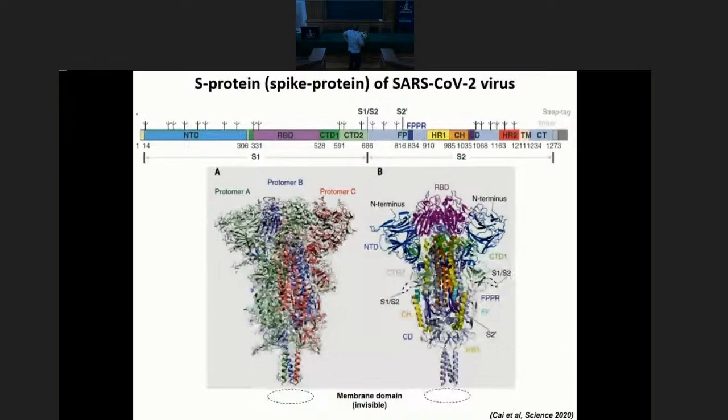Here is the structure of the spike protein, or S protein, of the coronavirus.